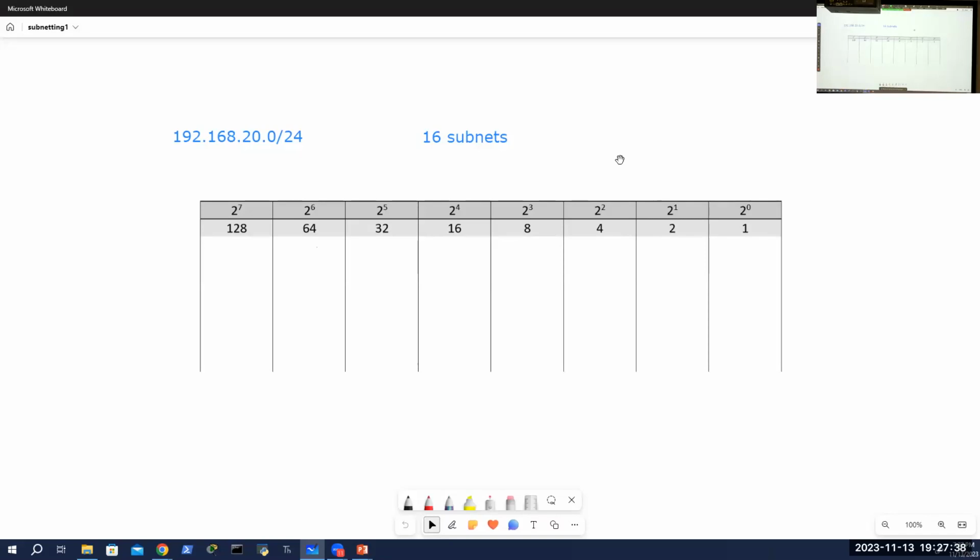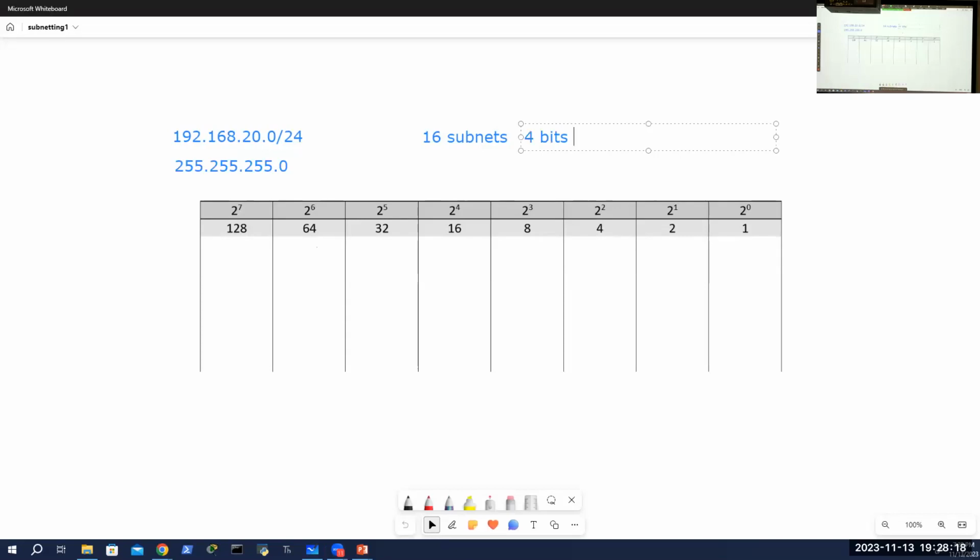That means that we are going to add 4 bits to our 24 prefix and subnet mask. So let's first say, what is the subnet mask for this? /24 is 255.255.255.0. With 16 subnets, we need 4 bits.